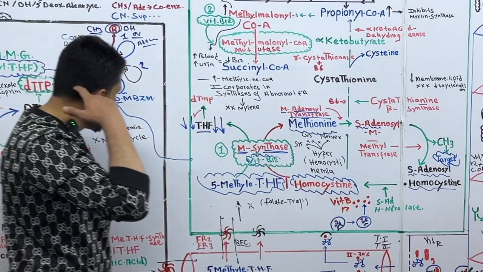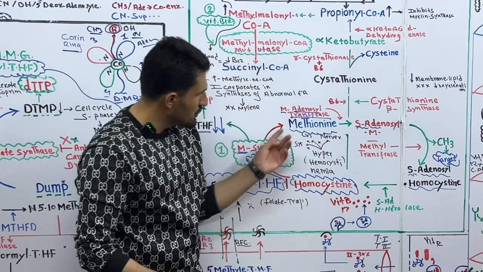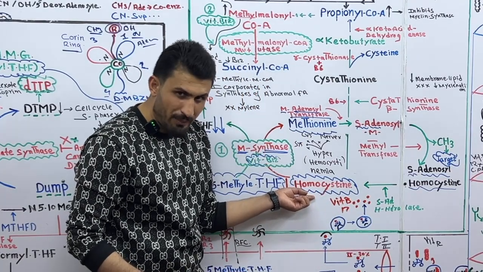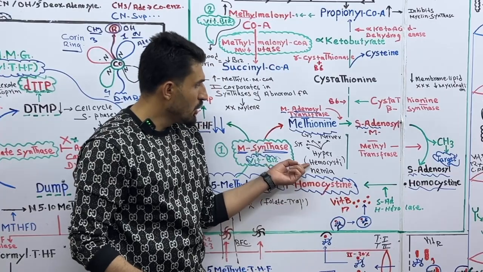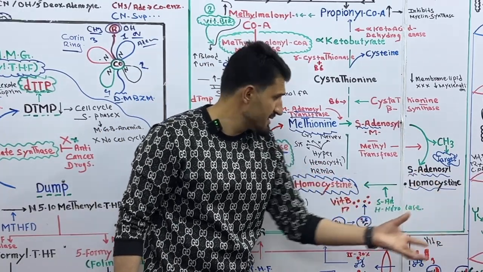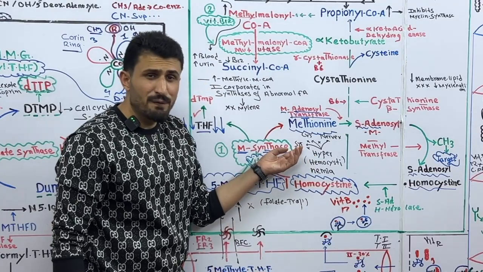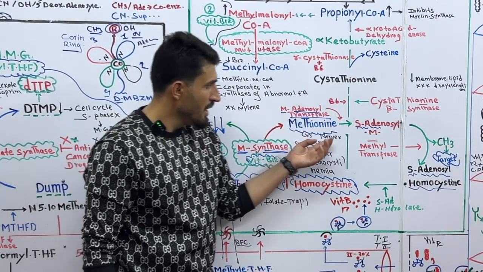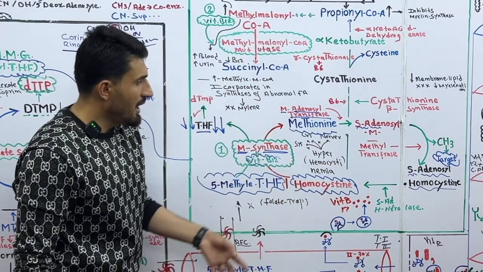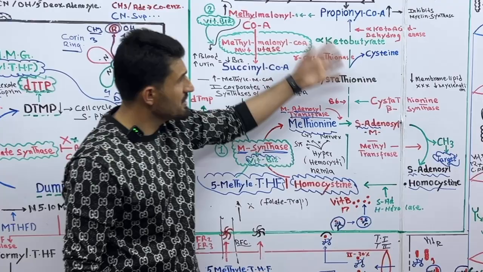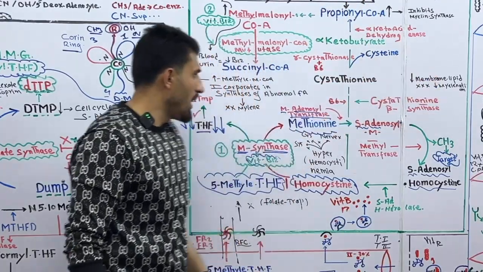So if we don't convert homocysteine to methionine, homocysteine increases in our body, in our blood, which is called homocystinemia. And homocystinemia is dangerous for different systems in our body: for the nervous system, for the cardiovascular system, for the skeletal muscle system, and so on, and we'll talk about it in the next part.